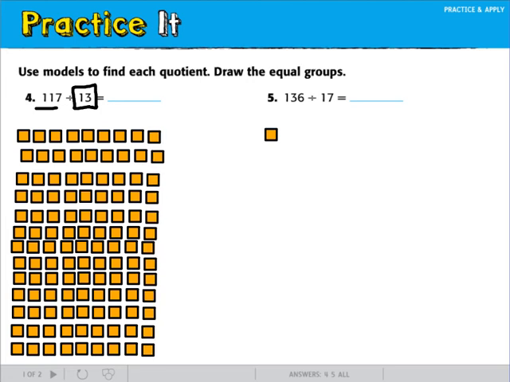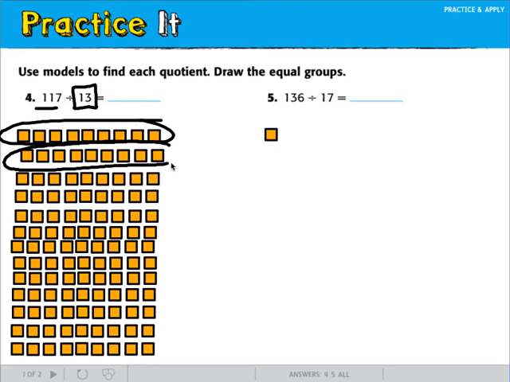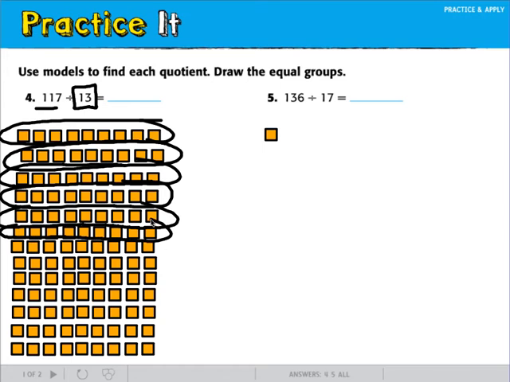So I just added 13 more. So 104 plus 13 is? 117. And how many am I looking for? 117. Okay. So each one of these rows is a group. And if I circle them all, you're going to see I have 13 groups.